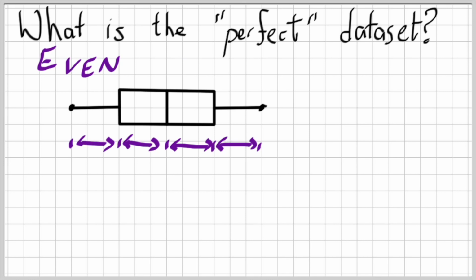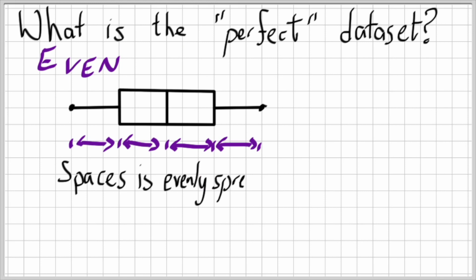Okay? The reality is life will not look like this. So when we look at the spaces that are evenly spread, it means that is an even data set. Okay? Close to even would even be perfect for us.